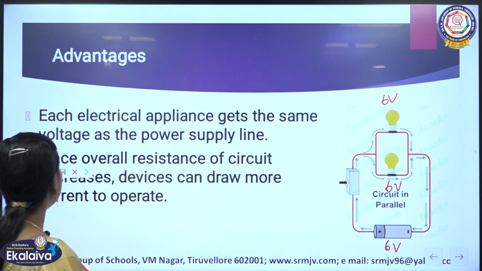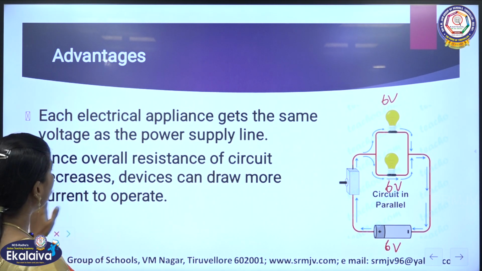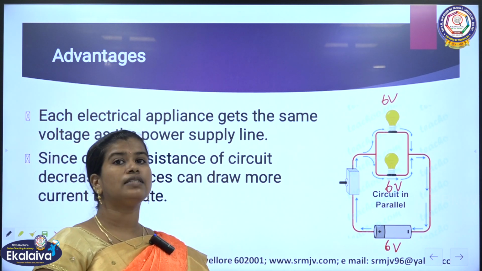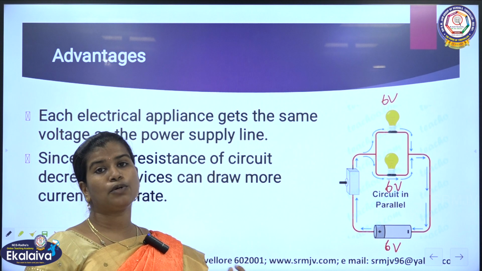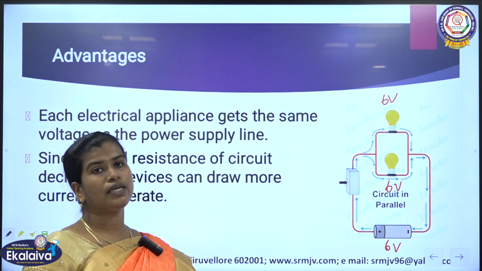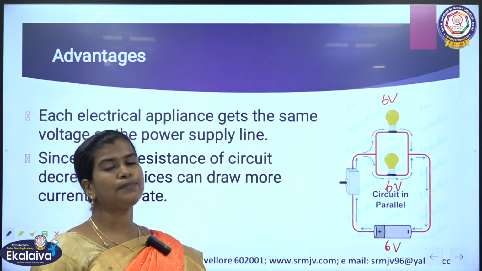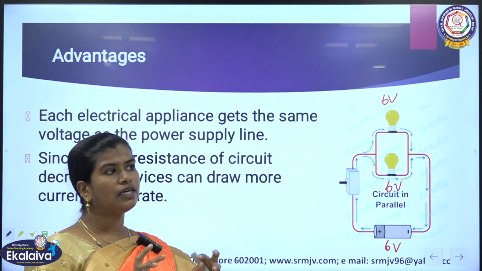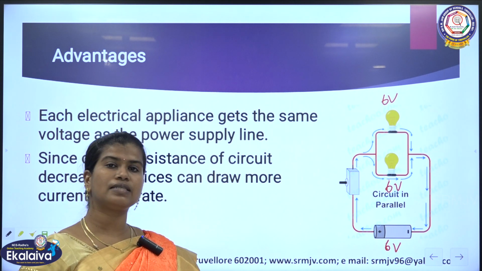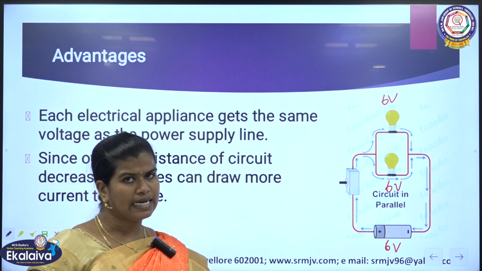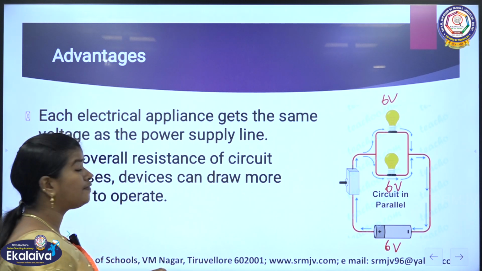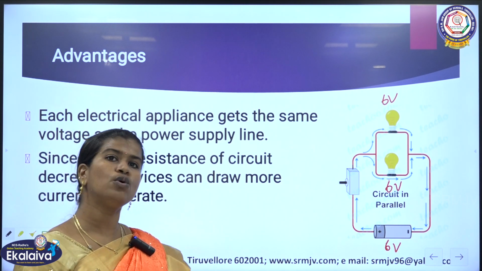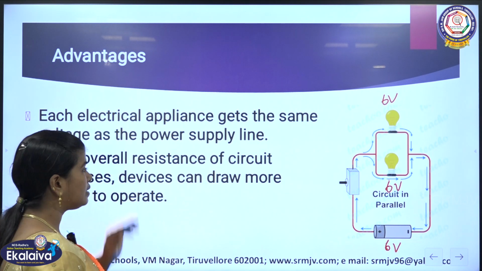And the overall resistance of the circuit decreases, because in law 1 we have seen that the reciprocal of the total resistance is equal to the sum of the reciprocals of the individual resistances. So the total resistance becomes very less, and obviously it allows more current to flow. That is the advantage.